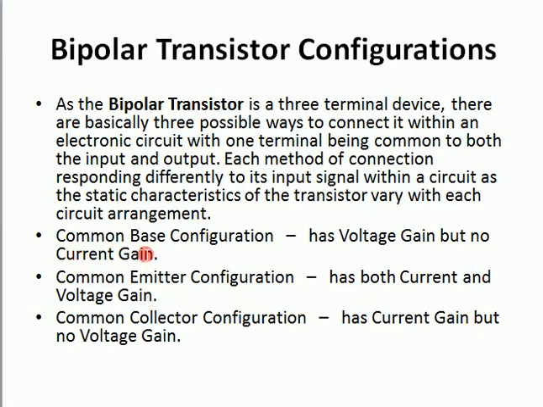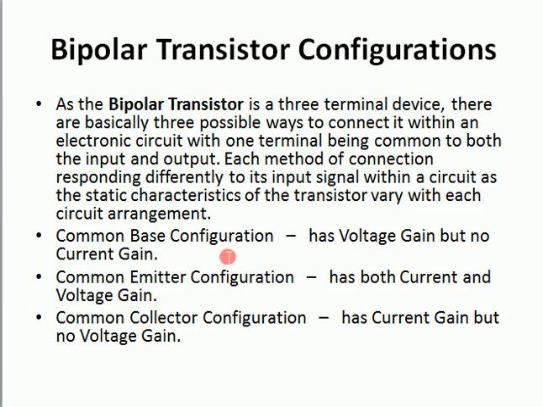In the common base configuration, when we are connecting it in any electronic circuit, the base is common between the input and the output. So when the base is common, the other terminals, the emitter and the collector, will be the input and output terminals.